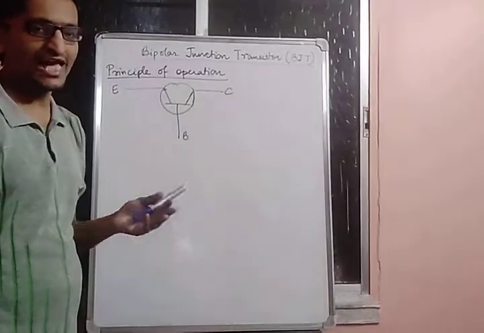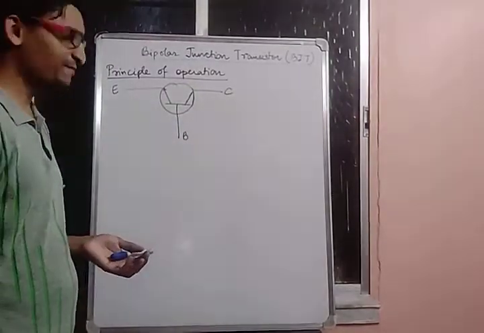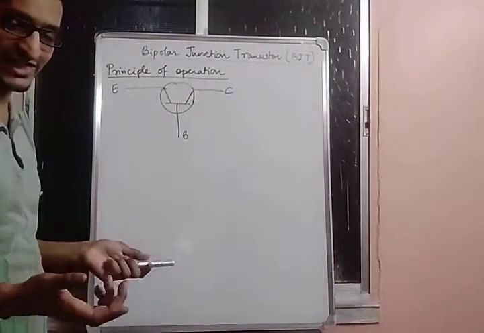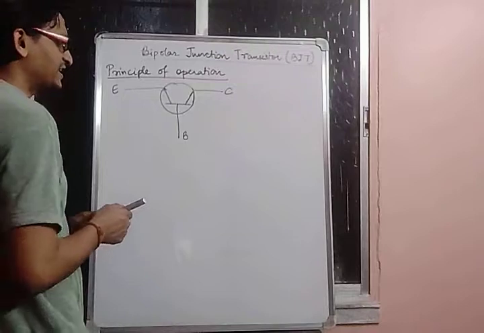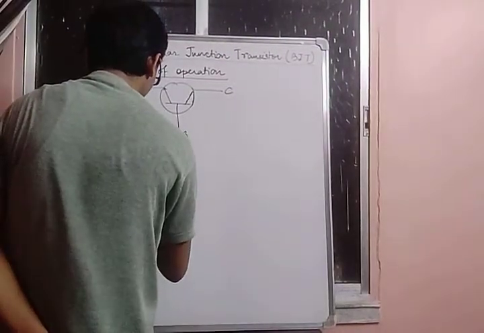In the absence of any biasing voltage, how will the energy band diagram look for an NPN transistor? The energy band diagram will look somewhat like this.